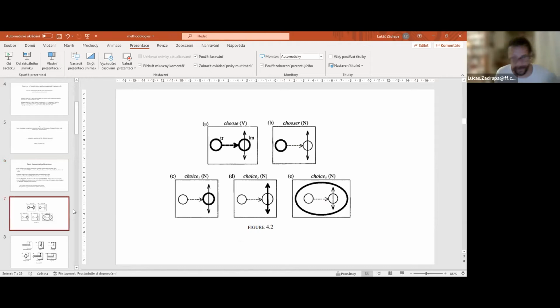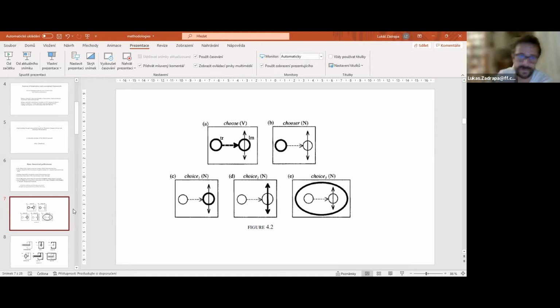And here I have some pictures taken from Langacker, which I would like to introduce to you. It is quite instructive to see these pictures to think about the semantics of nouns, adjectives, and verbs, and so on. We can see in these schemas the process of nominalization.